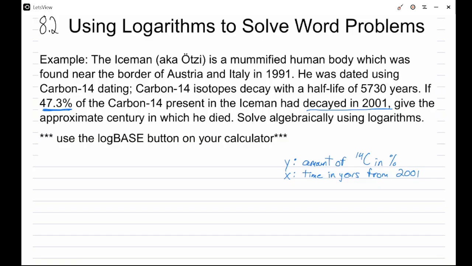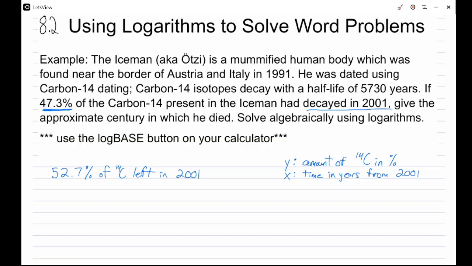So if 47.3% of the carbon-14 has decayed in 2001, that tells me that I have 52.7% of that carbon-14 left in 2001. And I'm going to keep that in mind when I go to set up my equation.